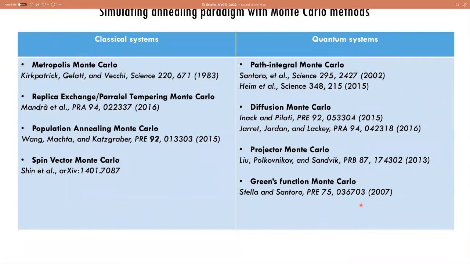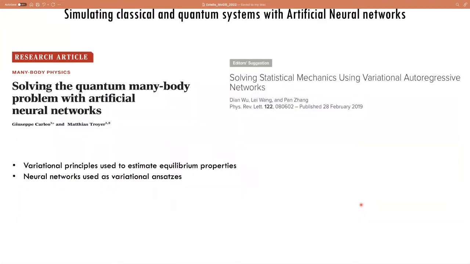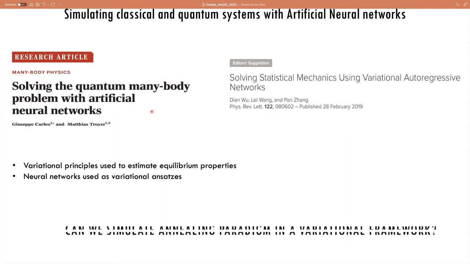So we had in our mind that, okay, we also know some methods that are becoming very popular and very efficient that use neural networks, and they are using them right now to simulate, or to probe, the equilibrium quantities of either classical systems, like in this case with variational autoregressive networks, or quantum systems with restricted Boltzmann machines. So we thought, okay, can we repurpose these methods that use neural networks to simulate the annealing paradigm? And so that's the answer that we are giving in this talk.